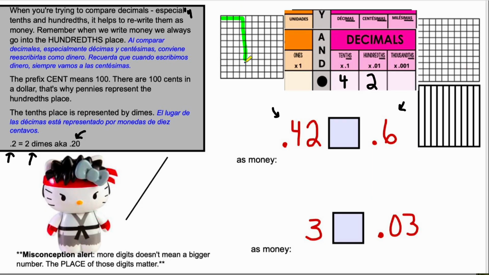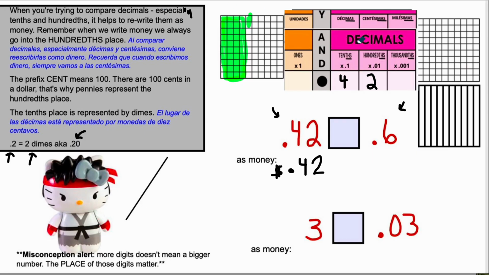Here's 30, 40 pennies, 41, 42. That's 42 cents. It goes into the hundredths place. I write it the same exact way in money as I do in standard form. So in money, it is $0.42, and I would write it just like that.